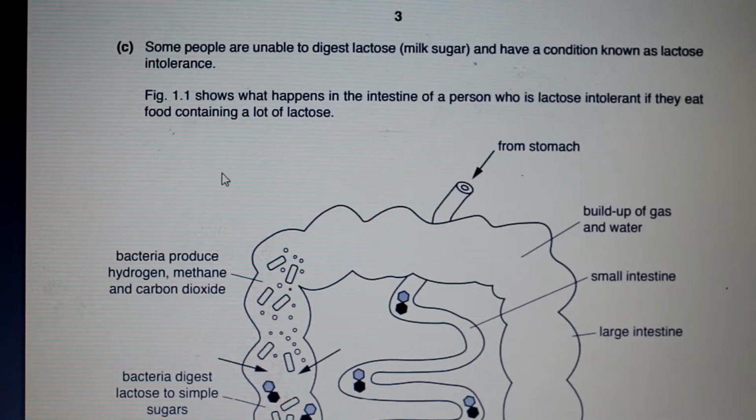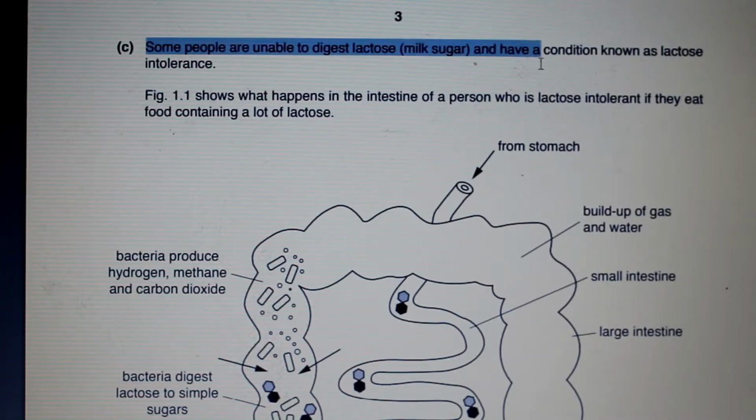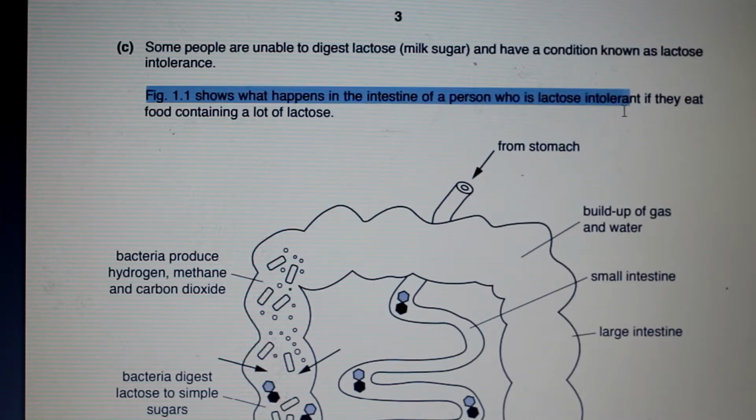So you should probably be aware that some people are unable to digest lactose, milk sugar, and have a condition known as lactose intolerance. These days, more and more people are struggling from this. Figure 1.1 shows what happens in the intestine of a person who is lactose intolerant if they eat food containing a lot of lactose.